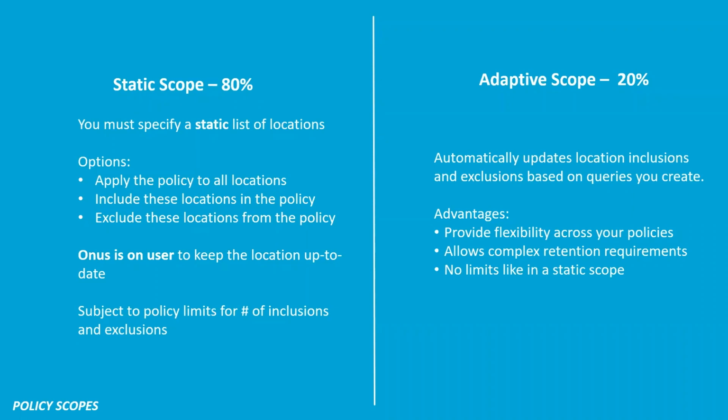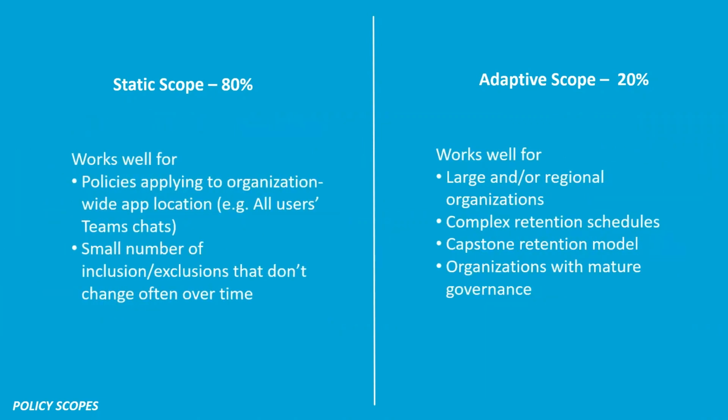And once the change is made, all the retention policies or label policies will get updated with the corresponding new scope. So static scope really works well if you need to deploy the retention label to your whole organization.